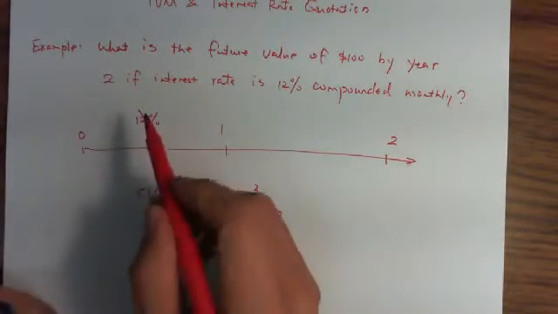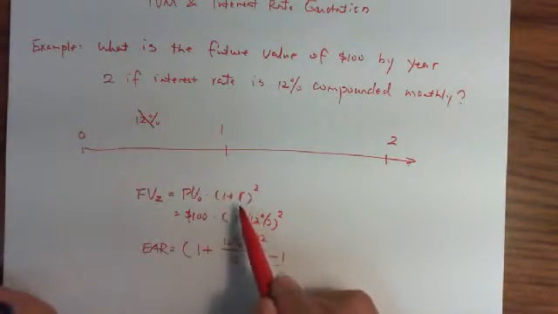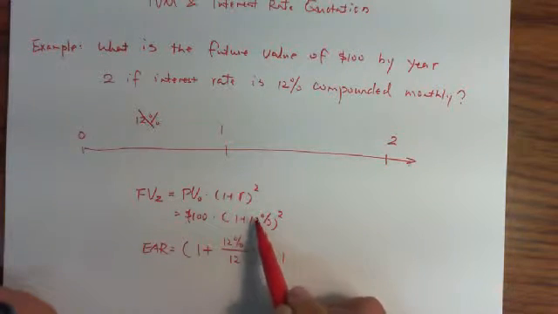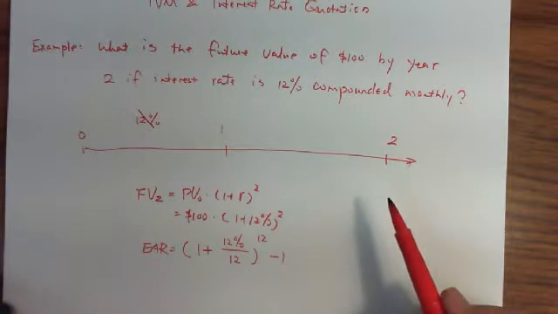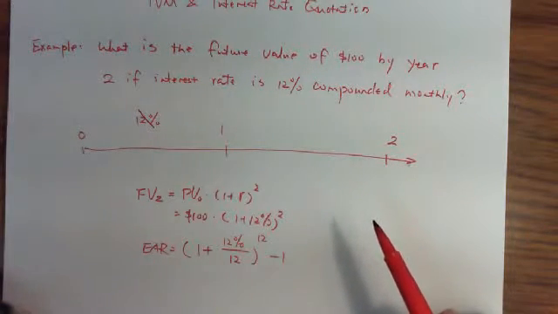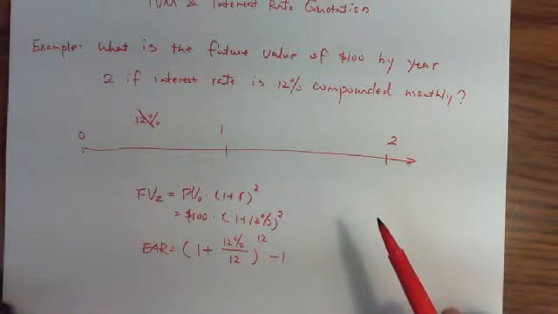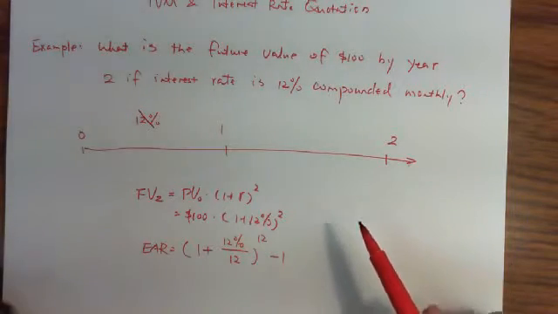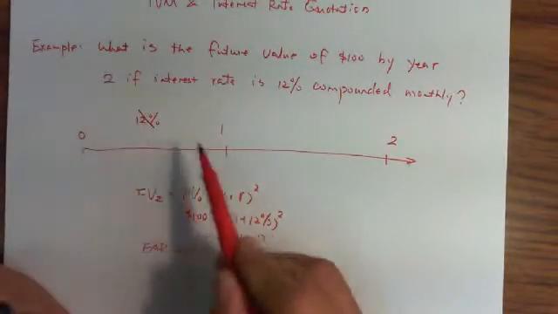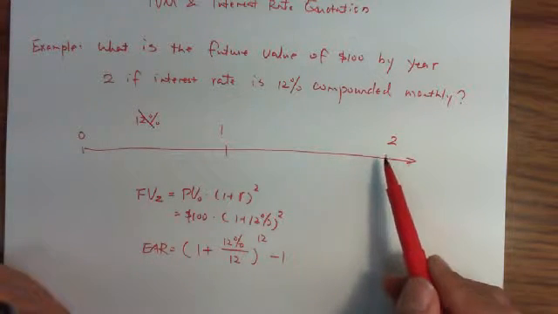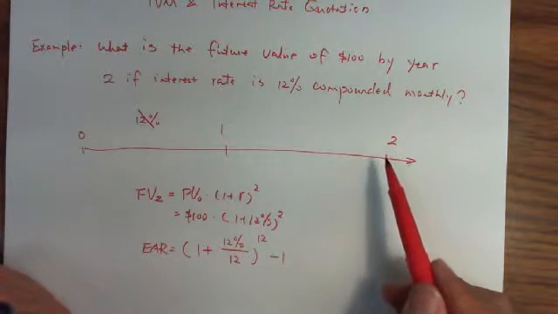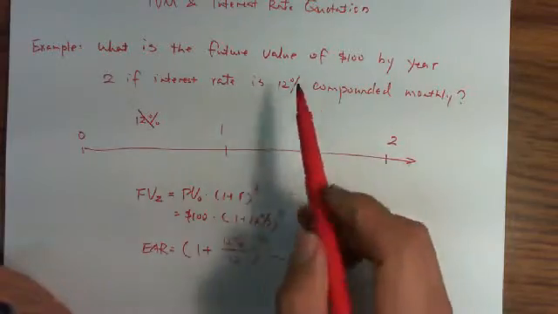And then use the EAR here or in this formula to get the future value. Now this is not a recommended method. The recommended method is to use not a year as a period, but a compounding period as a period.